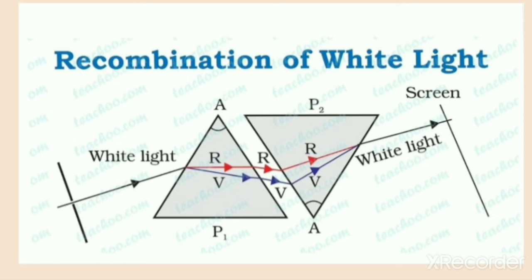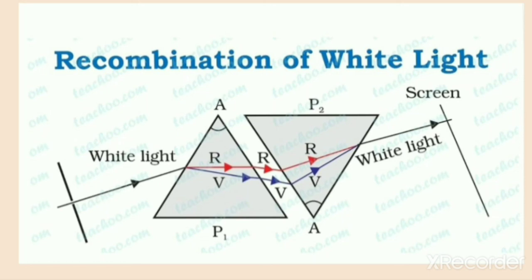I don't think it is given in your book, but you must know that if white light is passing through a prism and we want to get the white light back, we have to place one prism inverted in front of the first prism and you will get white light on the screen. This is a very easy and important topic.